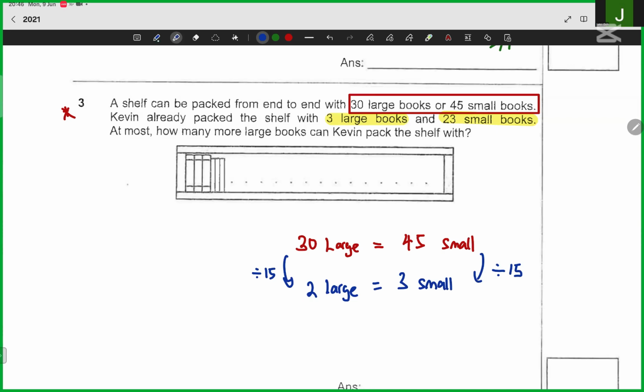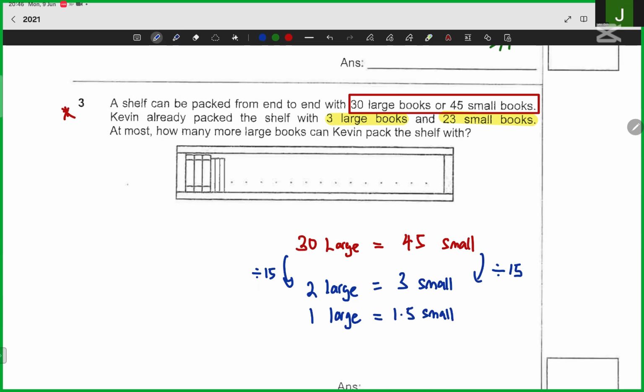I'm going to find out what is 1 large. 1 large is actually equal to 1.5 small. Now I know we cannot have 1.5 books, but we just understand this as 1.5 small first. So 1 large is equal to 1.5 small.